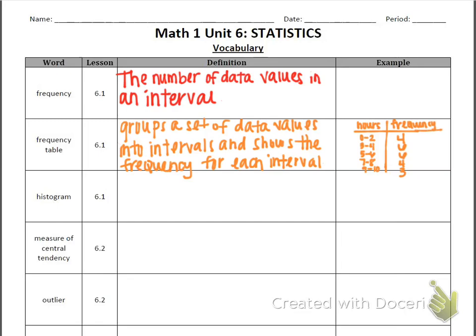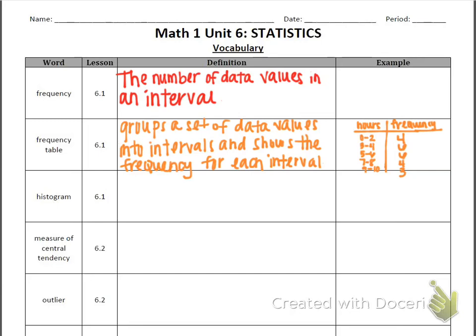Okay. So on the left are your intervals, and you want to make sure that you identify the measure of the interval. The right is always going to be the frequency. How many people, how many data points fall into that interval, into that category. Okay? Not too bad?